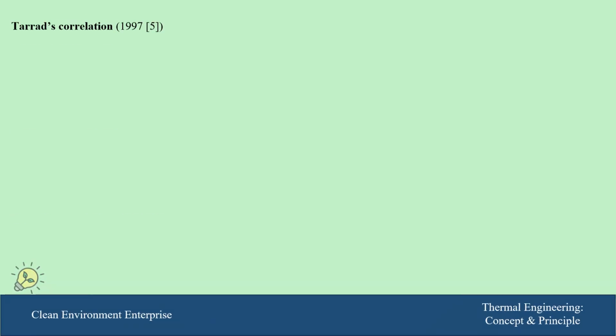Let us use the Tarrant correlation as well, 1997. We have N_R here to the power minus 1 divided by 5, or 1/5.